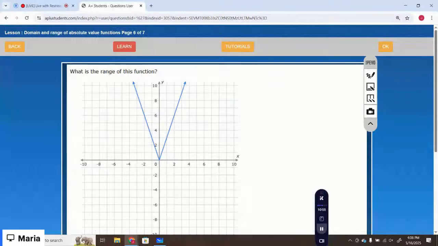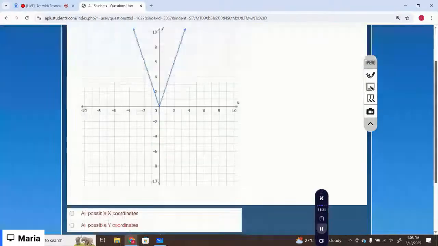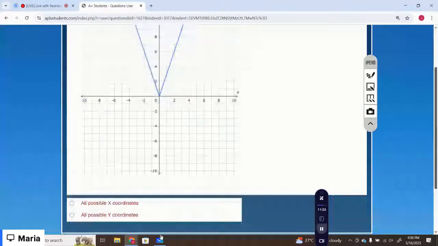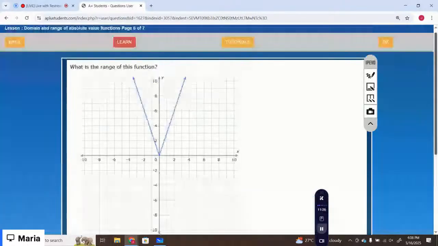What is the range of the function? The range of the function is all possible y coordinates. Option number two is the correct option.